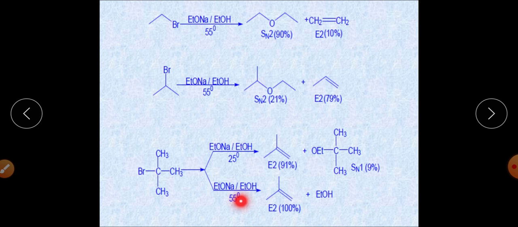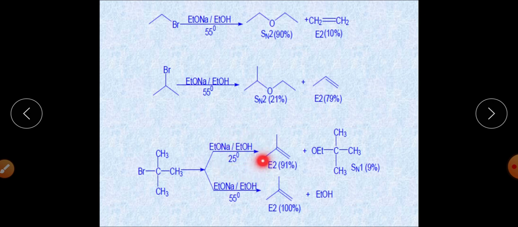And at high temperature, you can see that 100% of the product has been synthesized in E2 manner. That is, elimination bimolecular is happening here, right? Here you are having multiple positions from which hydrogen can be eliminated. So the base can easily attack on this particular hydrogen, and it will form 100% alkene.